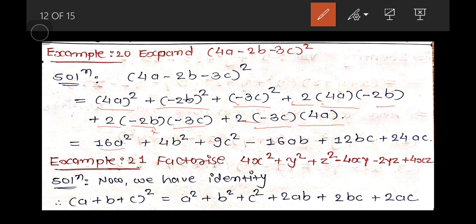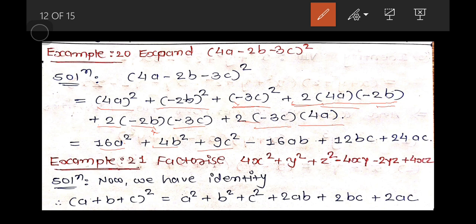Here, as I said, the square of any minus sign will be positive, so minus minus will be plus. Here, given plus 4b square minus 3c, it will also be positive, then minus plus 9c square.